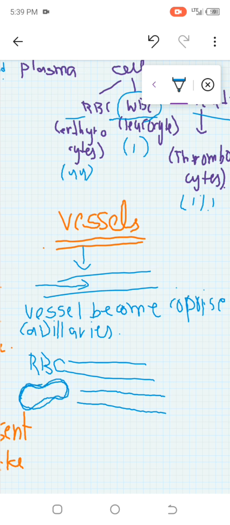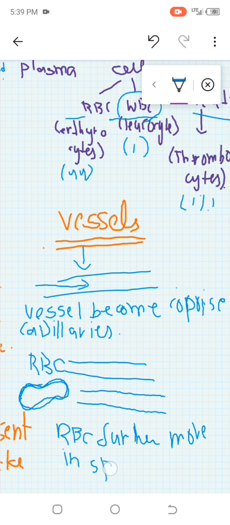Further, the RBC will move to the spleen.